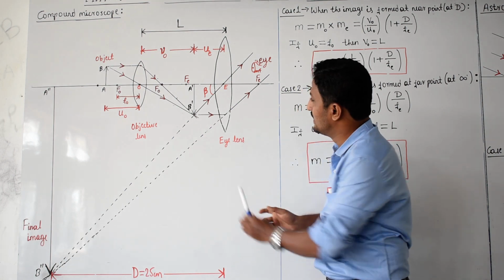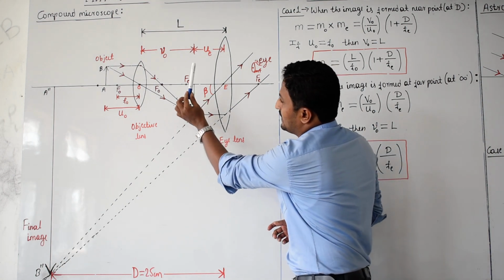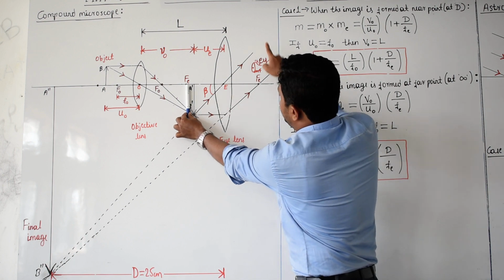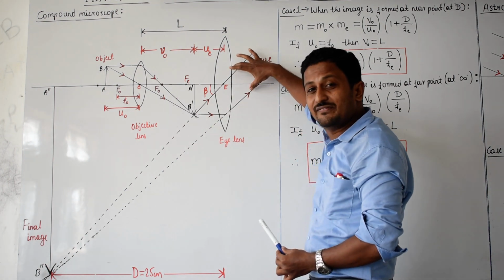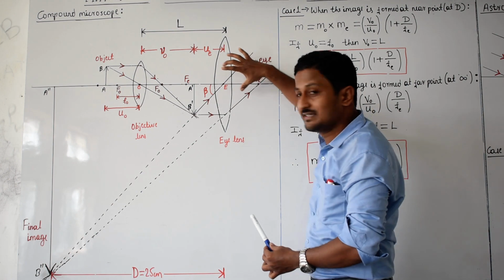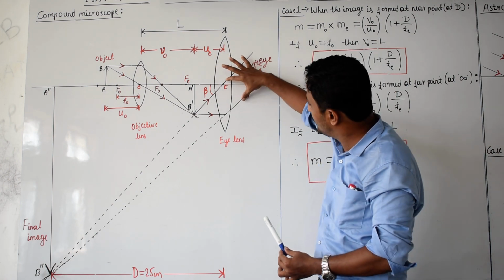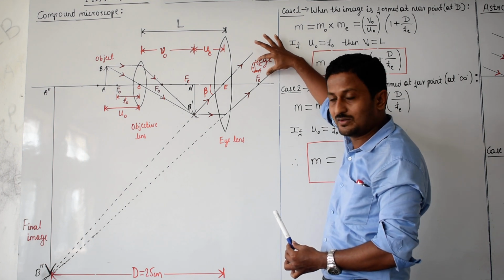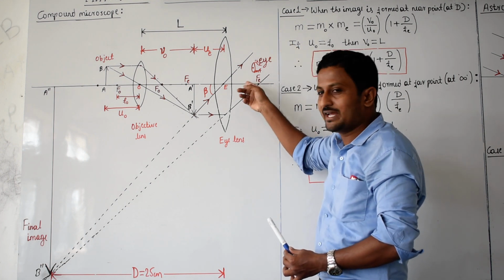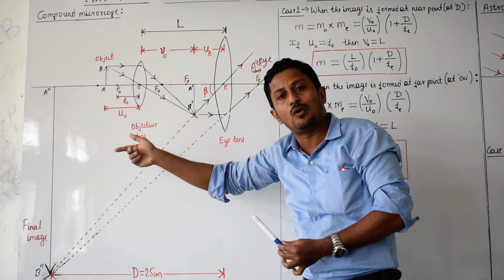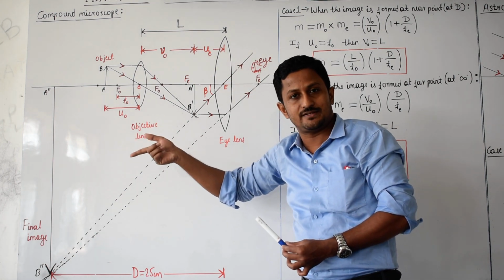Getting what I mean to say? If this A dash B dash comes at this principal focus point, then these two refracted light rays are going to look parallel. At that time your eye will feel these two parallel light rays came from an infinite point.